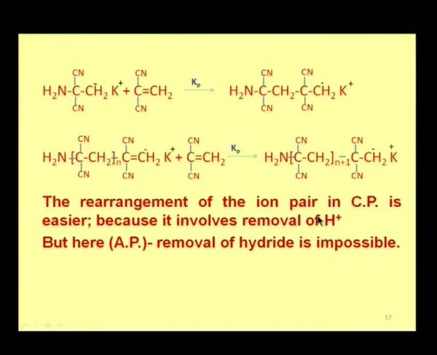This rearrangement of the ion pair is much easier in cationic polymerization, because it involves the removal of a proton, or H+ ion. But in the case of anionic polymerization, the removal of hydride is going to be difficult, or not possible at all.